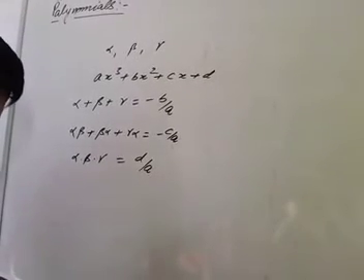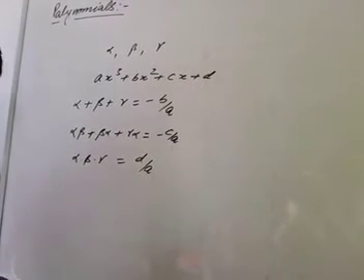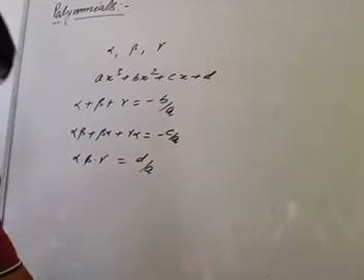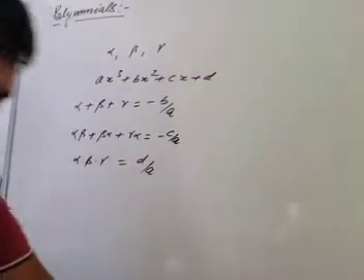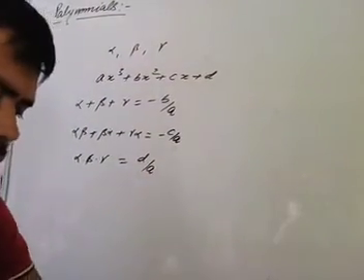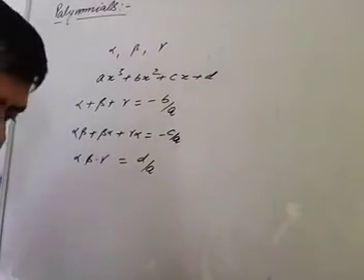And one more question will be there. If a biquadratic polynomial is given, two zeros will be given, and you have to find the remaining two zeros. Suppose we take one example.